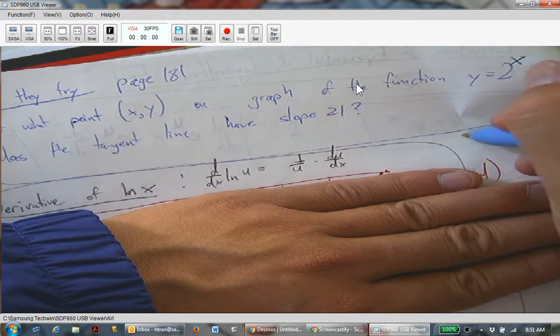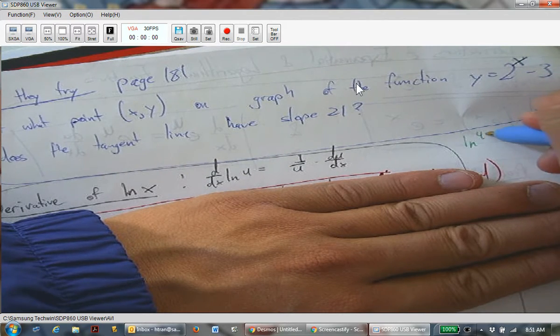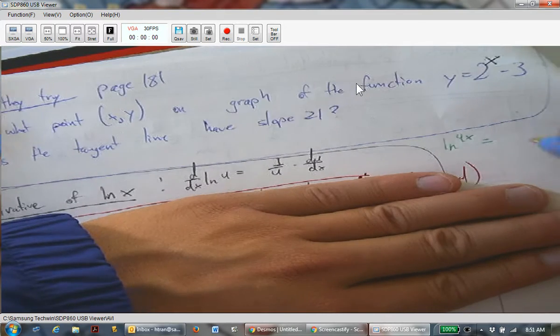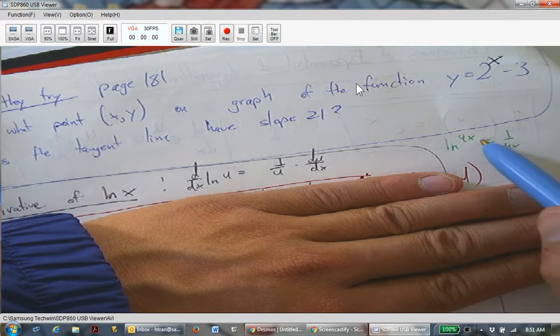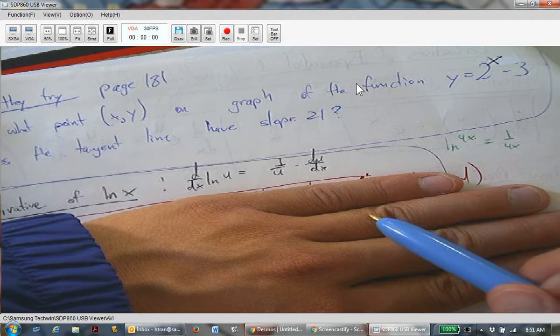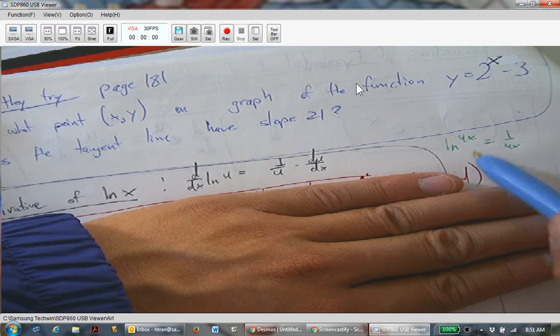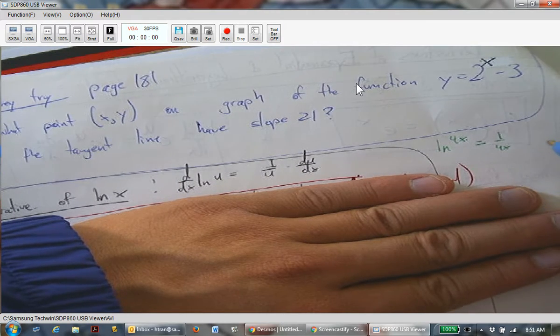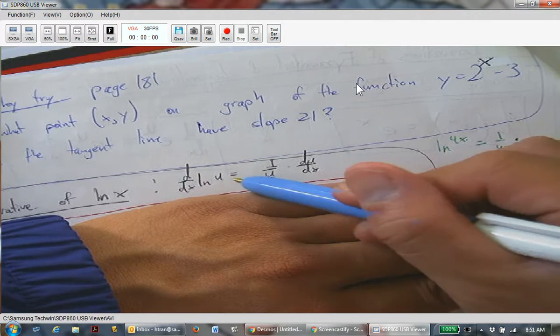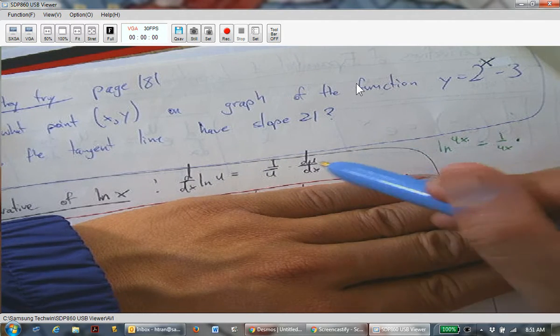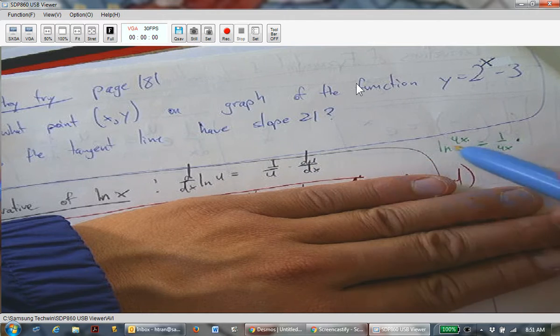So in this case here, ln of 4x, that would be 1 over 4x, but there is an inside function within that I can differentiate, correct? It's 4x. So in that way, I have to take the derivative of that guy. Let's call him u. I have to multiply it by the derivative of him.